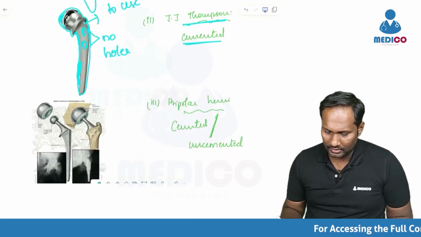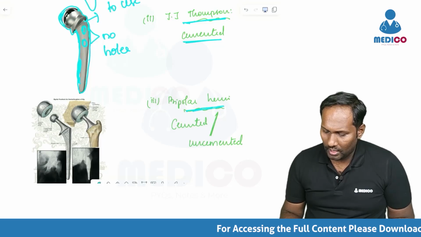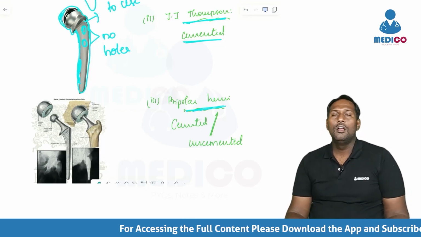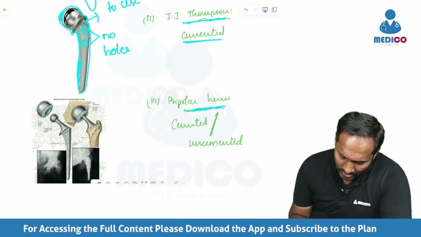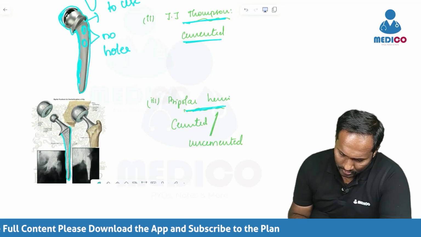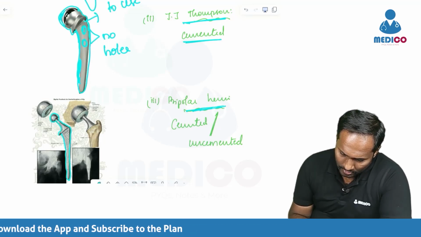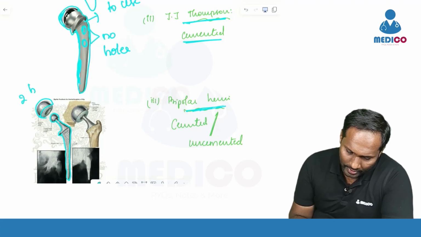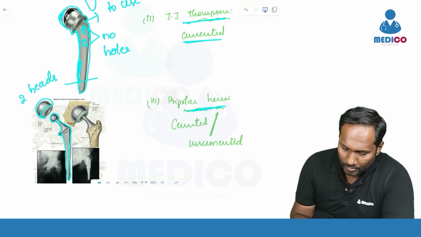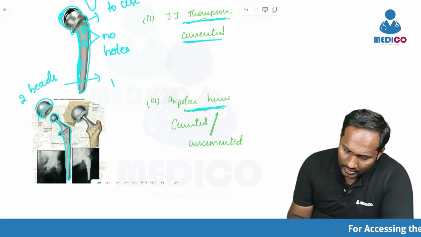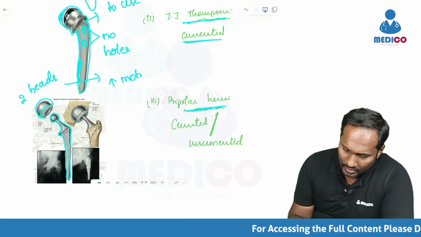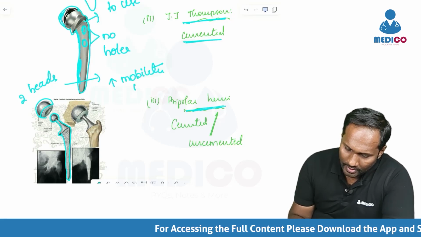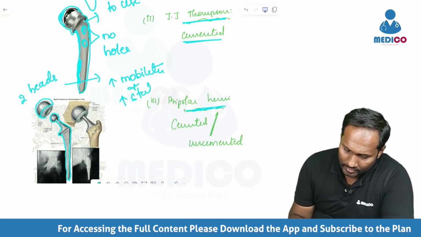Now, advanced has come the bipolar hemiarthroplasty. Bipolar means this is basically 2 heads, meaning greater mobility and increased stability.